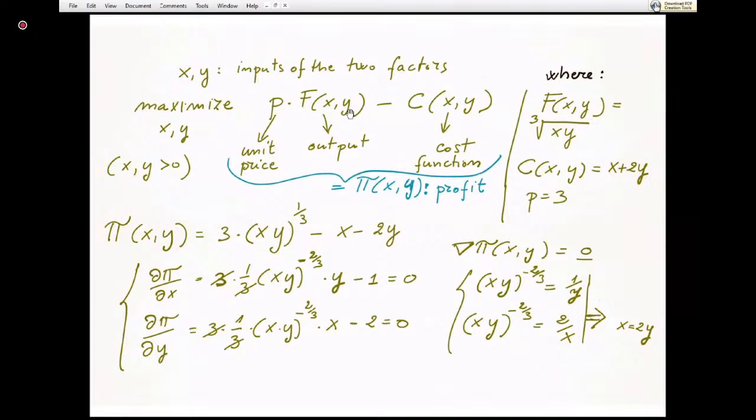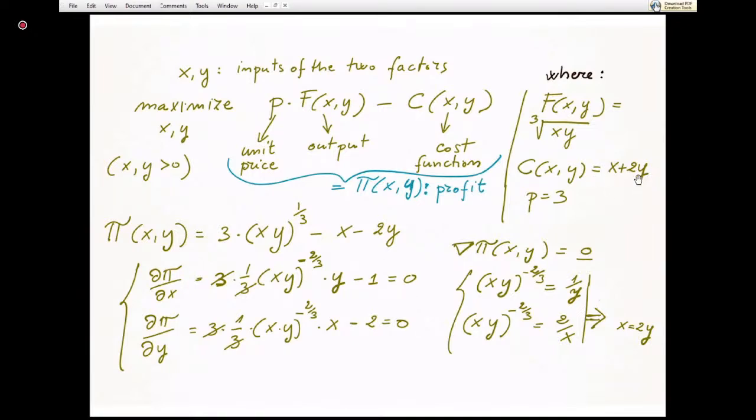This is a very common specification of the cost function because we have a unit cost, for instance 1 for the first input factor. So if you use 8 units of the first input factor and the unit cost is 1, the cost is 8. If the unit cost of the second input factor is 2, 2y is the part of the cost that corresponds to the second input factor. So a very common linear function.